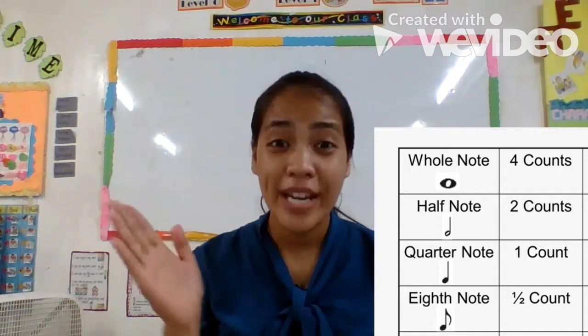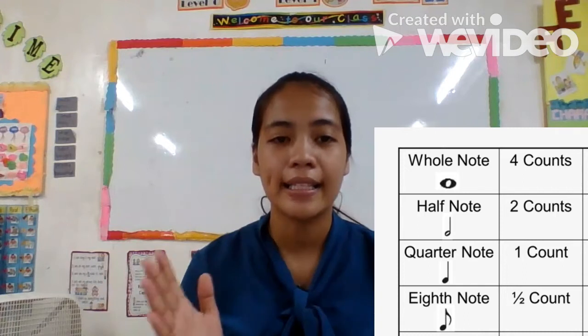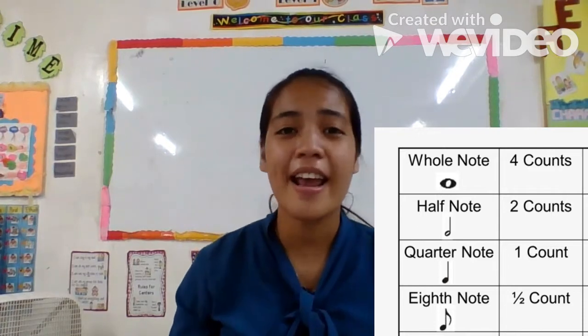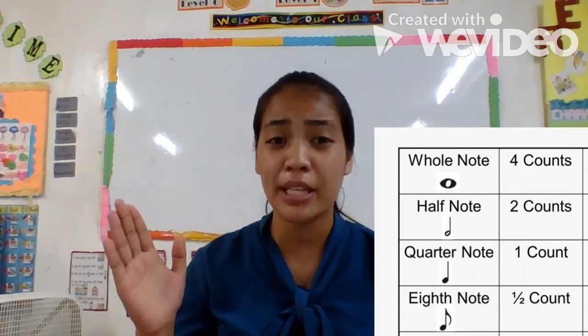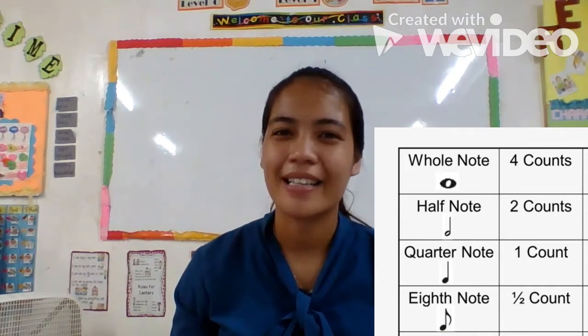It's one half. So for eighth notes, all you have to do is clap a little bit quick, like that. That's half. Do you understand? Okay, very good.